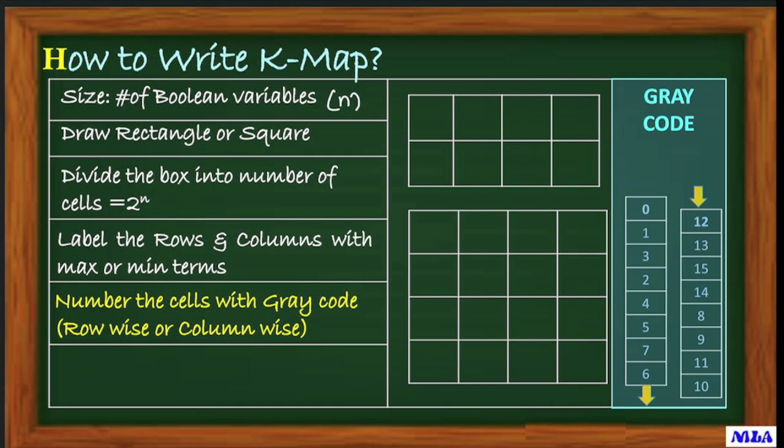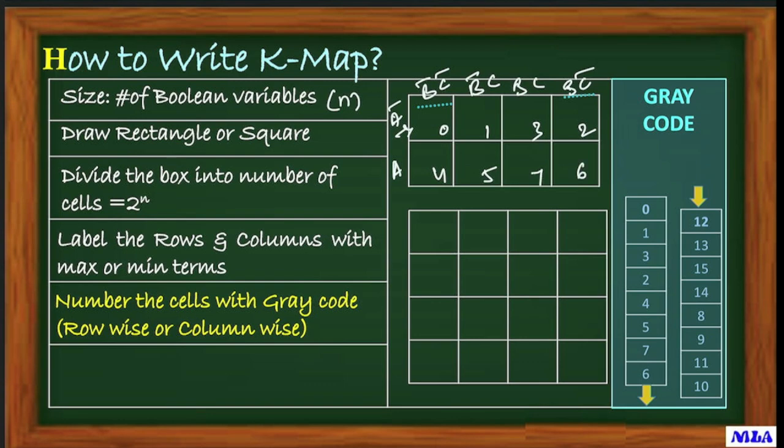So now let me go for the first map. As we have started labeling this map with the rows, followed by the columns, this is how we did B bar C, B, C bar. Now we will number these cells row wise. So 0, 1, 2, 3, 4, 5, 6, 7.